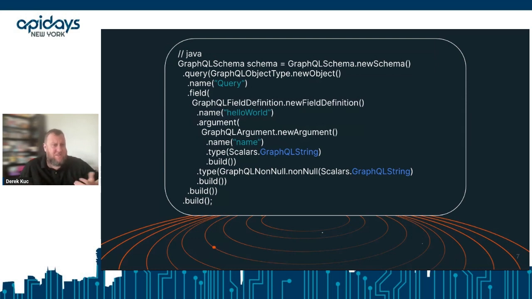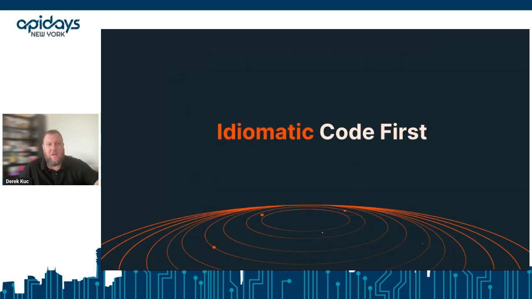That's why there are some better ways of approaching code first. But when we're talking about code first, this is actually what people might have in mind. We build those low-level GraphQL representations, build the abstract syntax trees, and we get our GraphQL server. What I want to talk about today is the idiomatic code first approach.